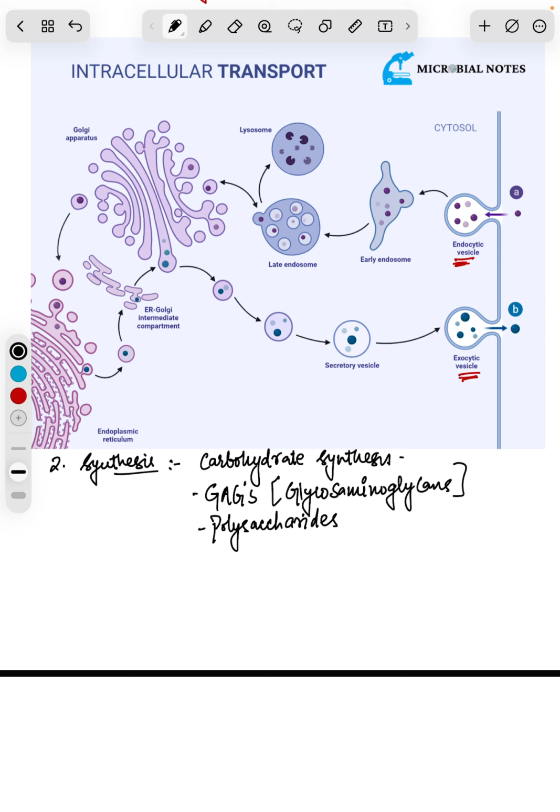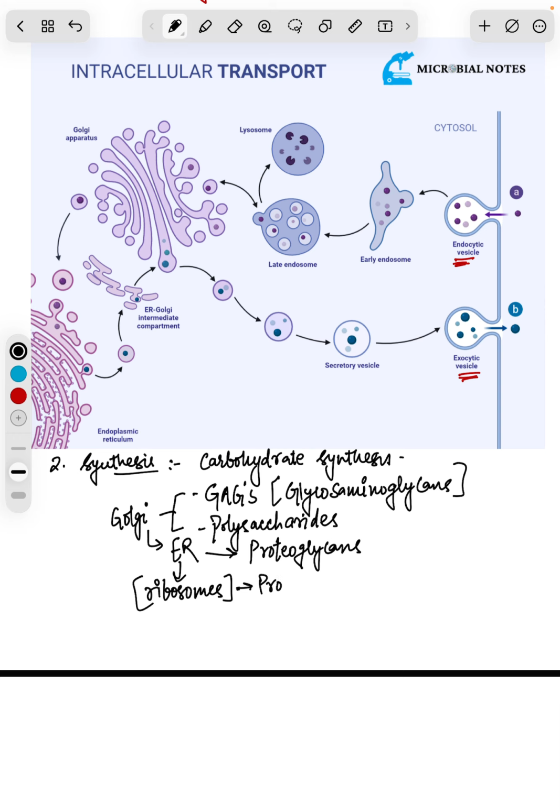Because the ER has ribosomes attached to it, the rough endoplasmic reticulum attaches proteins to these.